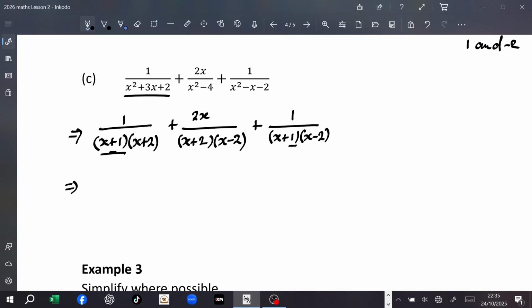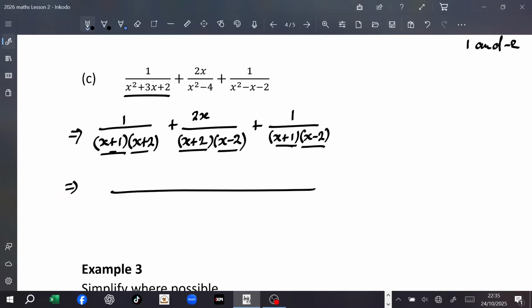You are seeing, right? Then this is also common. Then this one is also common. So now you write it once. So what is common? You write it once.